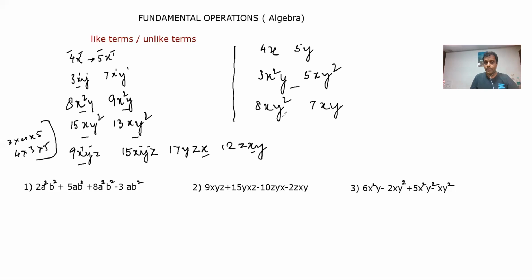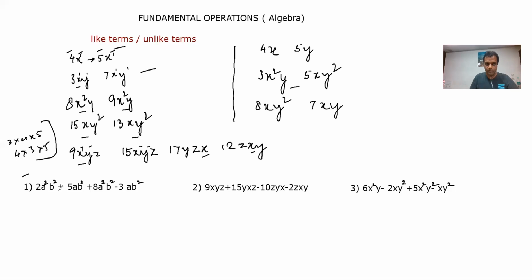This is very, very important because when we do the addition and subtraction, the only two terms which can be simplified or can be made one are the like terms. Okay, just to explain you better, let me solve these three sums.